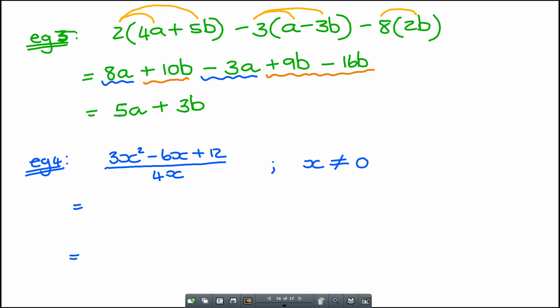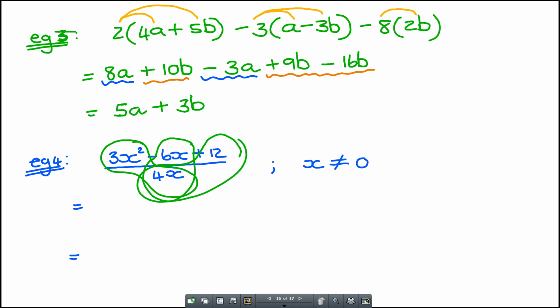Okay, so because we've got 3 terms at the top, the first thing that I want you guys to do is break it up. We wrote that as 1, but we can actually break it up and say, let's put 3x squared over the 4x, then put 6 over the 4x, and then put the 12 over the 4x.